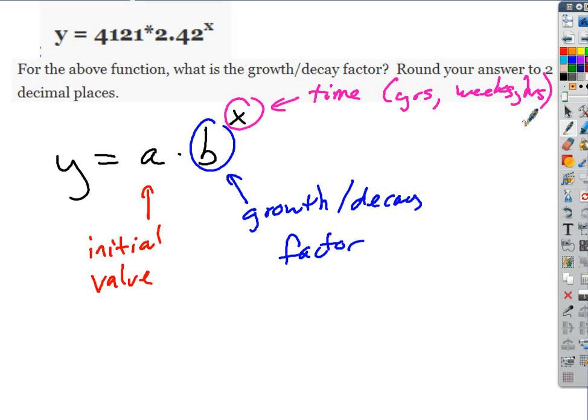So it could be lots of different things. So in this problem up here, what is the growth or decay factor? 2.42. That's it. It's the number that's being taken to the power of x. Now let's look at that for a second and see what that means.